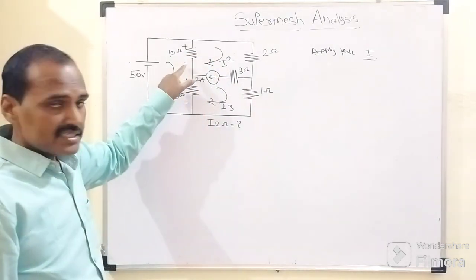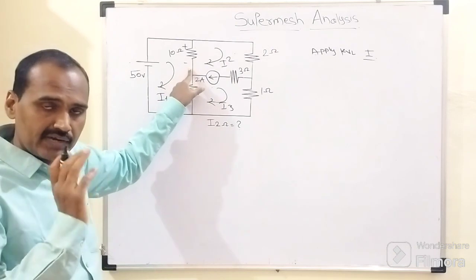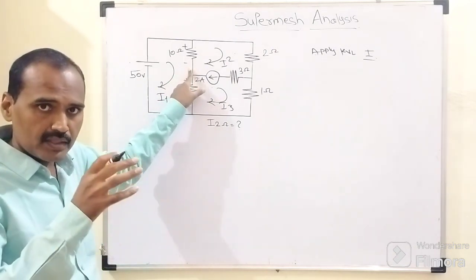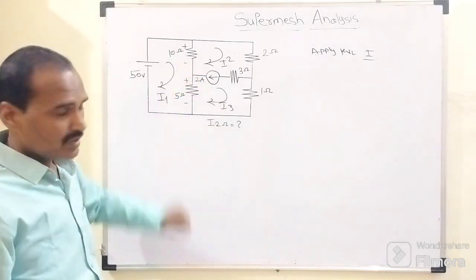One interesting thing which we need to understand while applying Kirchhoff voltage law is that we need to map the ohmic drop across this resistor.